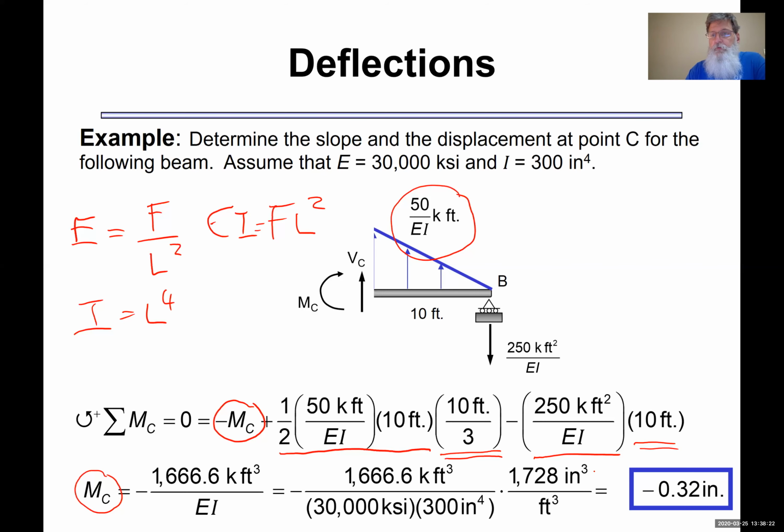One thing to think about here as a designer, now that I have a value for my displacement, I can think about limit states. What if my displacement was limited to 0.25 inches? Well, this is too much. So how do I decrease displacement? Well, I can't change the moment, I can't change the length, but I can change E and I. Now, E is usually associated with the material, in this case, steel.